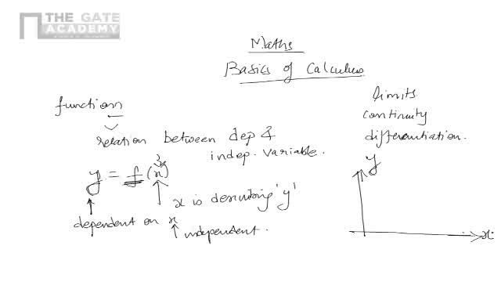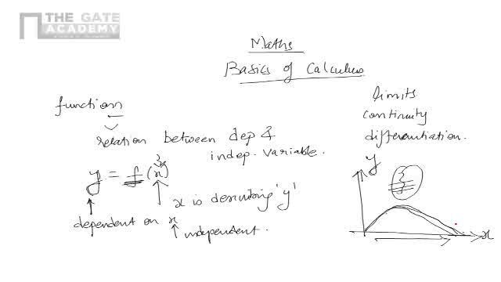X can take any value. Let me take a function like this. Here x can take any value, but y cannot take any value. The values of y are decided by x, and it cannot take any value. It can occupy only the values here, correct, on this function.